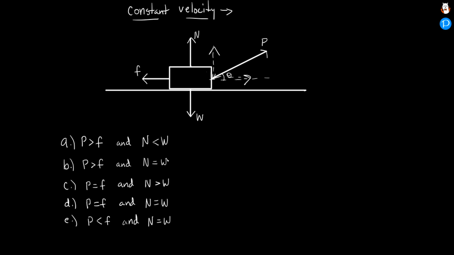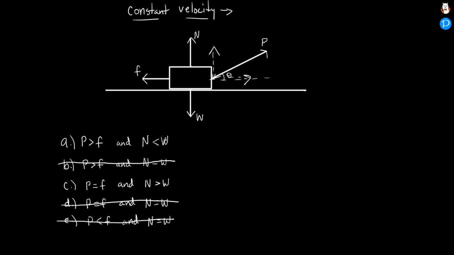So I know that any of the choices where the normal force is equal to the weight cannot be. Those will not work out. So I'm going to cross those out.